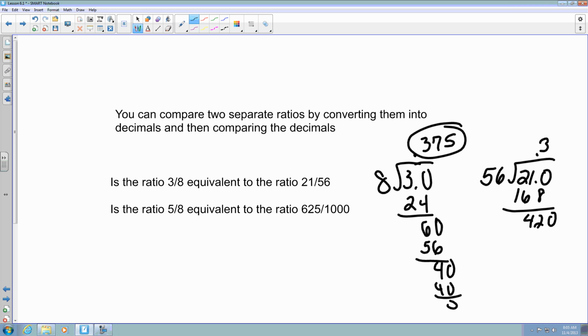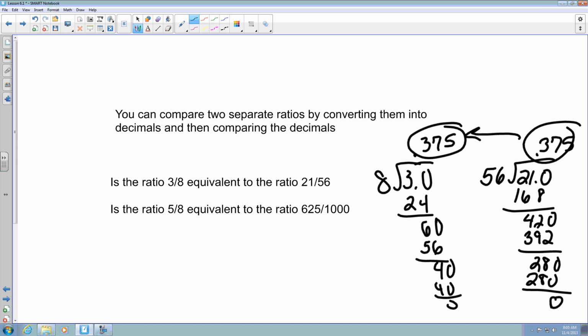Bring down the 0. 56, I think it goes in 7 times, which gives me 392. And that gives me 28, and then 56 times... yep. So these are equivalent fractions because they have the same decimal.